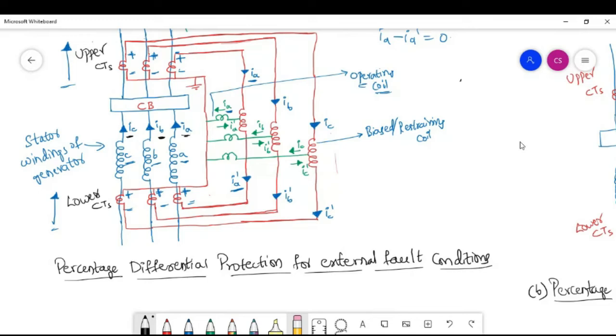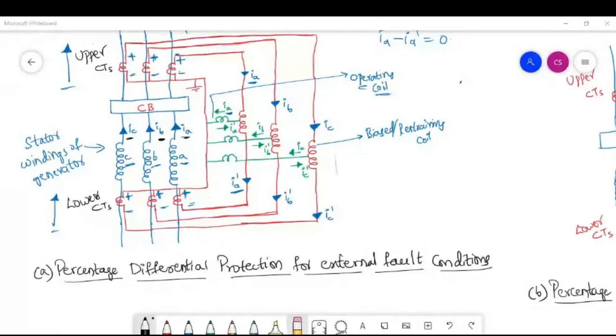When the polarities are reversing, the current direction is also reversed. Therefore, the difference between the currents is not equal to zero in this case. While listing the points, we'll mention figure A and figure B, for that reason I have written A and B.